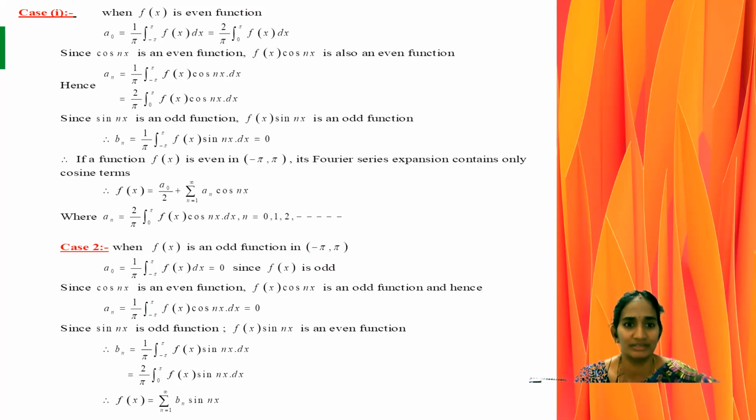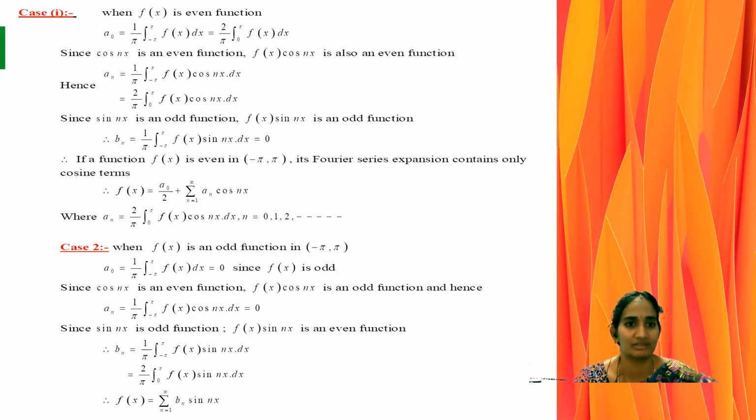Since cos nx is an even function and we are assuming f of x is even, the product of even functions is once again even. So f of x cos nx is also an even function, and it is valid to write 2 times the integral from 0 to pi.